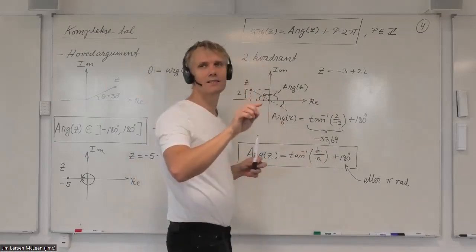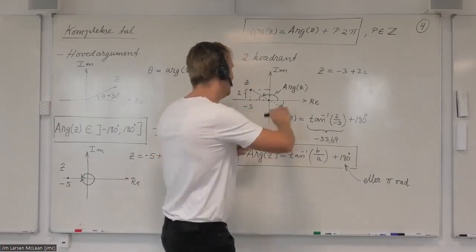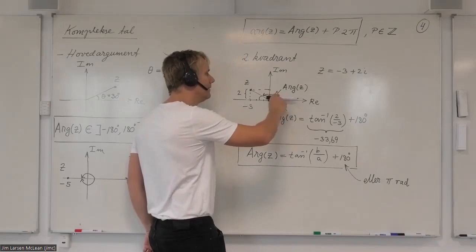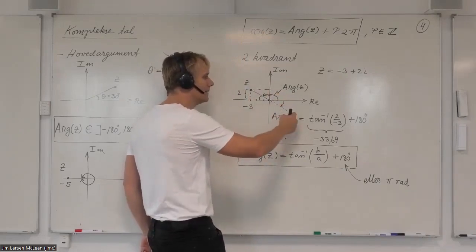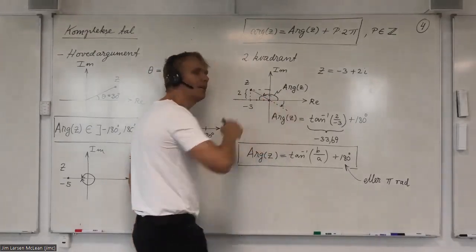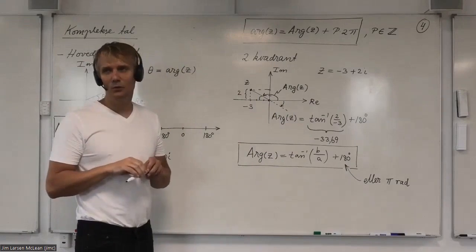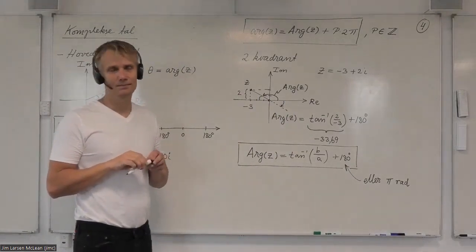And when you take the inverse tangent of something negative, you get something negative. This means that you don't actually get the angle you wanted. You find the negative angle that corresponds to the complex number being here, but it's not actually there. And you realize this if you draw it. That's why it's a good idea to draw it when you're trying to find those arguments. Then you can see it.